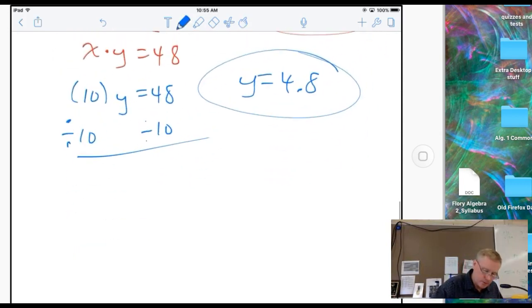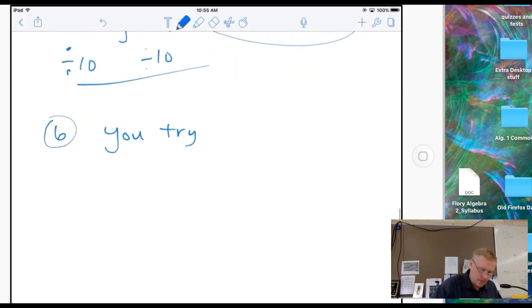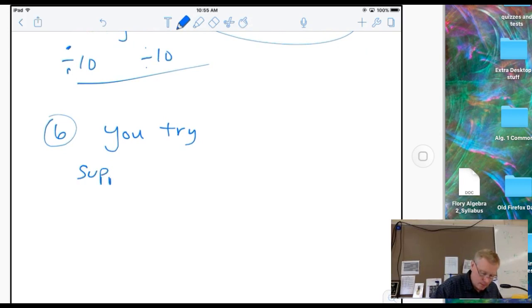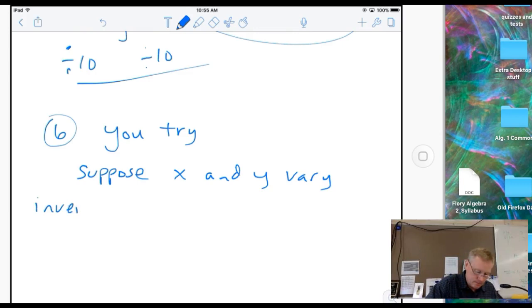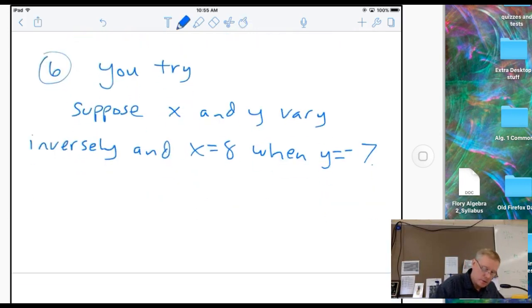Number 6, once you try this one. Suppose x and y vary inversely, and x equals 8 when y equals -7. Same kind of directions.